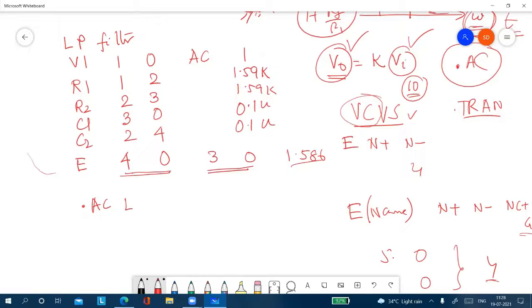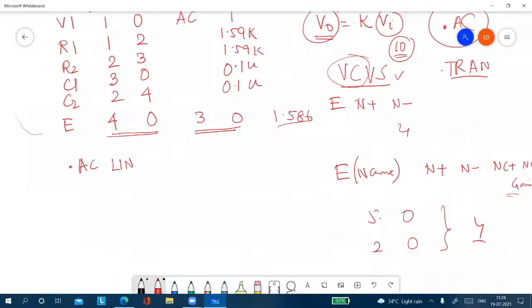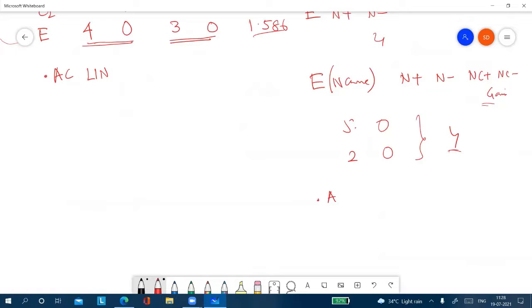You can use linear scale, or you can use decade scale also. If you use linear scale, you write .AC LIN. If you use log scale, you write .AC DEC. Then the number of test points, here also number of test points per decade, then the start frequency and the stop frequency.